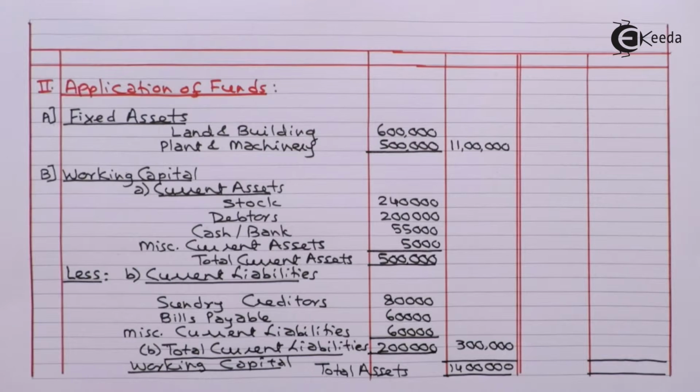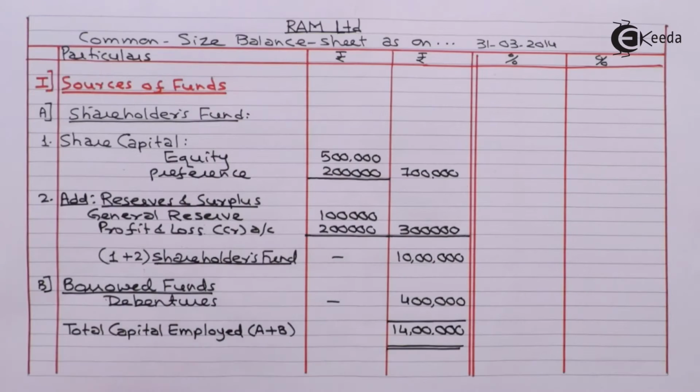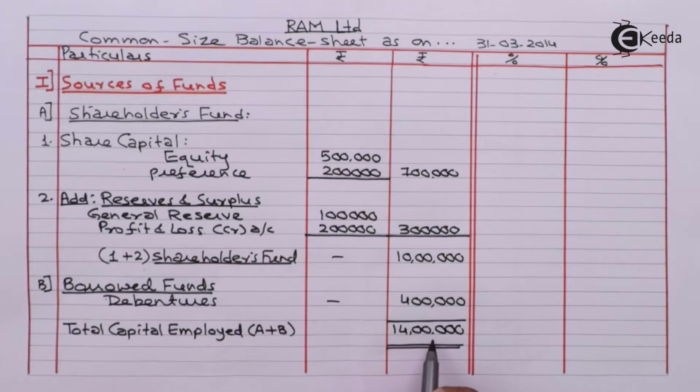For preparation of common size statement, these total assets will be taken equal to 100. Total capital employed is 14 lakhs. This amount will be taken equal to 100.